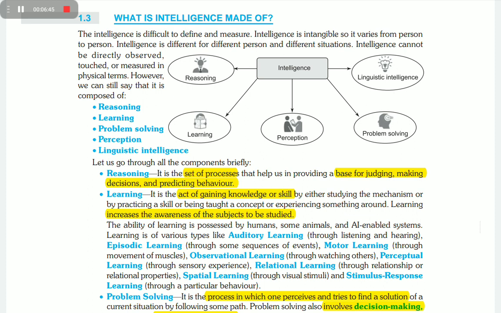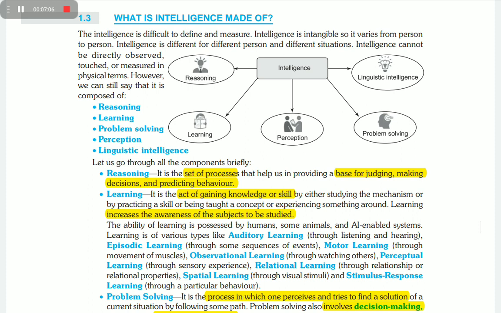It means that reasoning is a set of processes which helps us in providing a base. Like if you have covered class 8, then you have a base for studying. You will learn advanced education after 8.